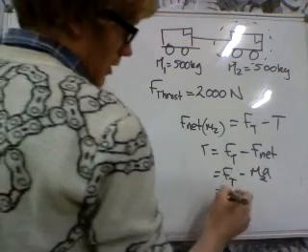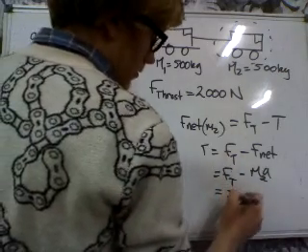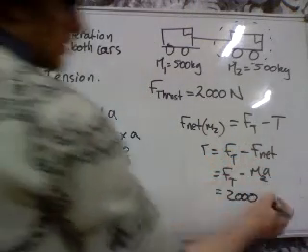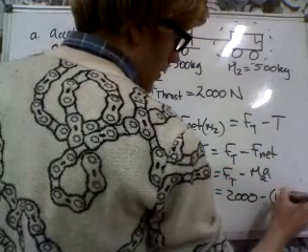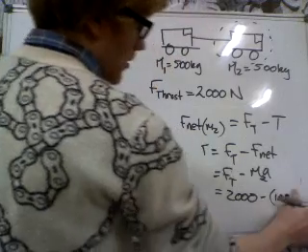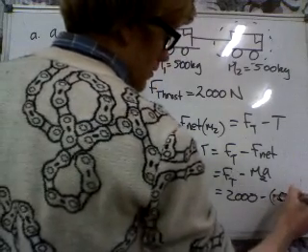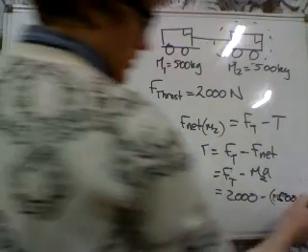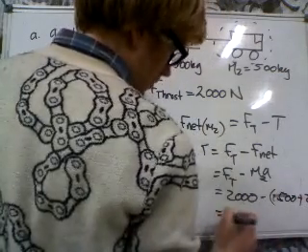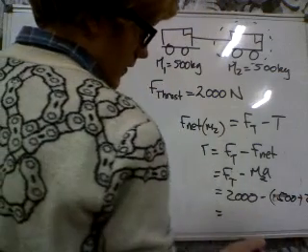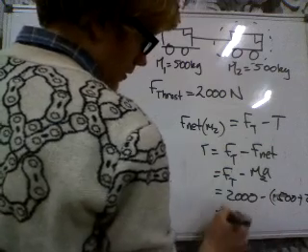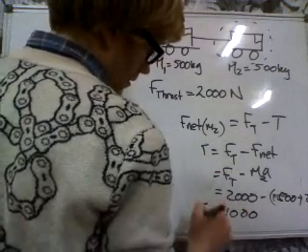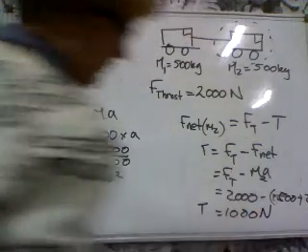Ft minus m2a equals 2,000 minus, sorry, the mass 2 there is 500, times the acceleration, which is 2. 500 times 2 is 1,000, so it's just 2,000 minus 1,000 equals 1,000. So the tension in the rope equals 1,000 newtons. Okay?